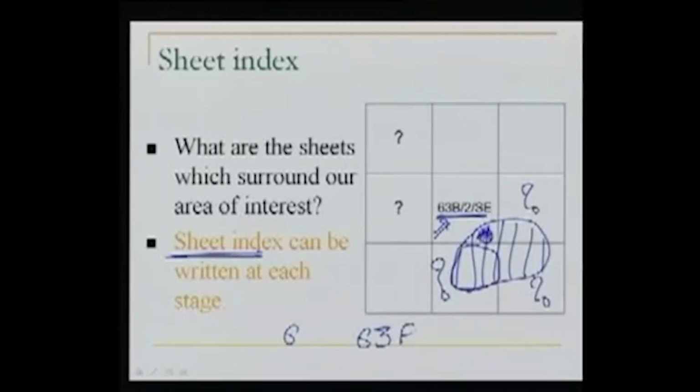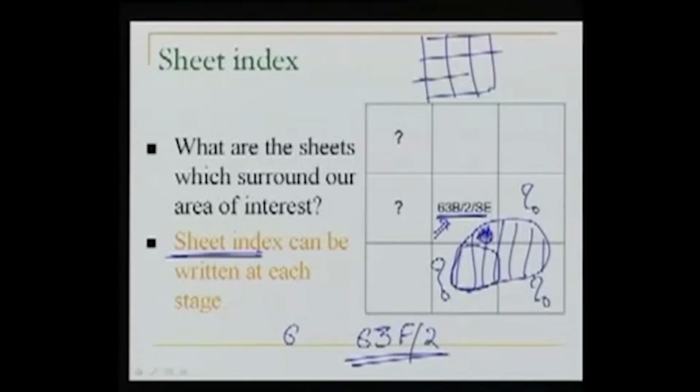If I give you any map number, for example, 63F/2, and I ask you, can we generate the sheet index for this? Well, the meaning is, the sheet number over here is 63F/2.